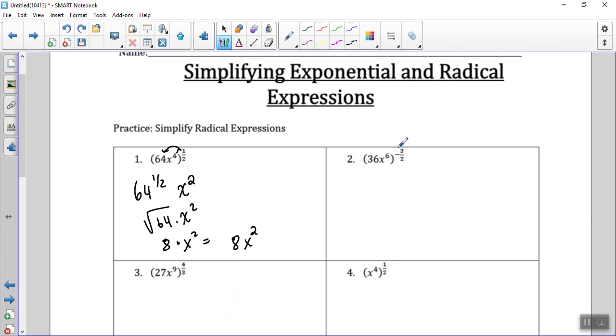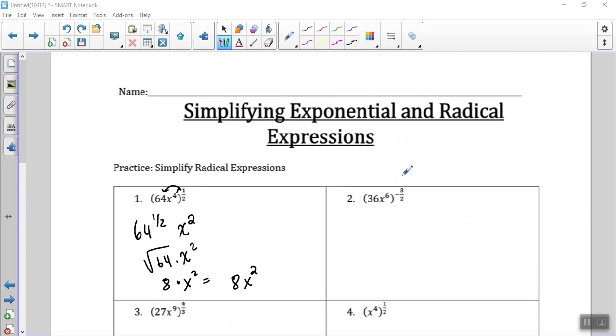Okay. Same thing here. Now you have a negative exponent. Whenever we're simplifying, these are not exponential expressions, we don't want to not only have an exponent in the exponent or a fraction in the exponent, we also don't want to have a negative.